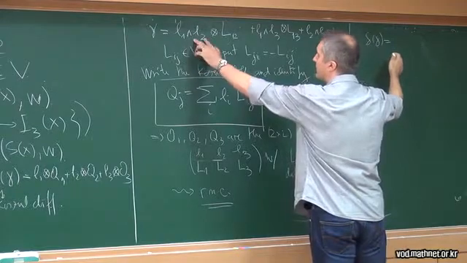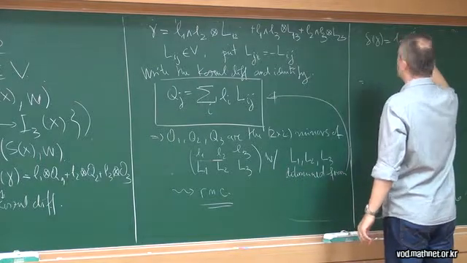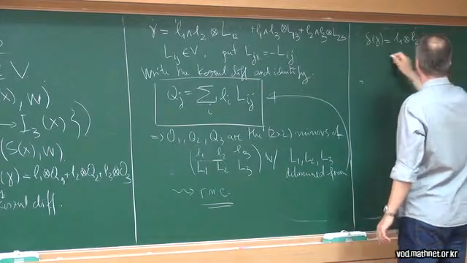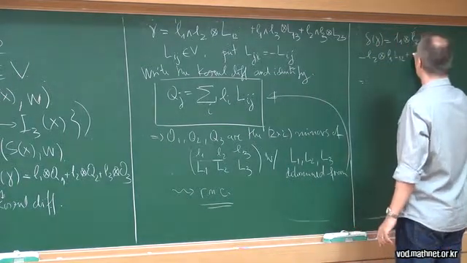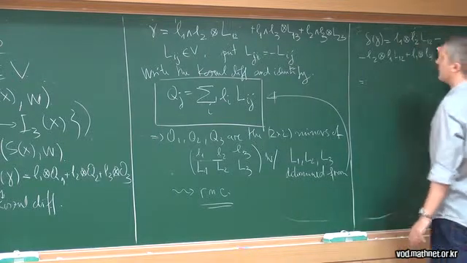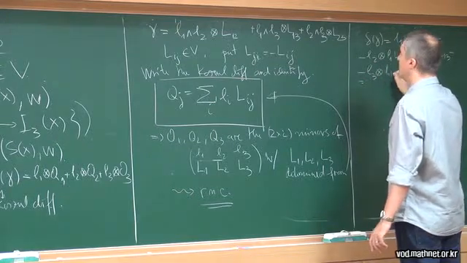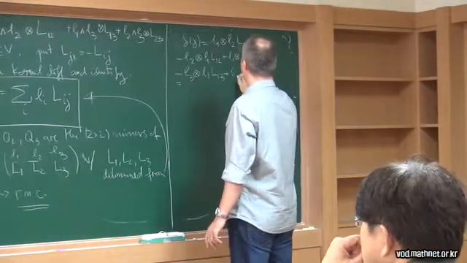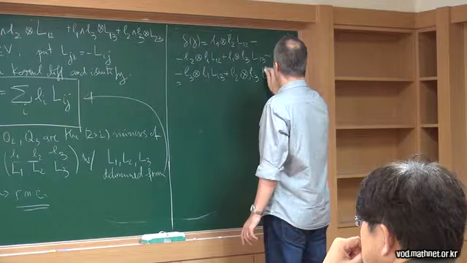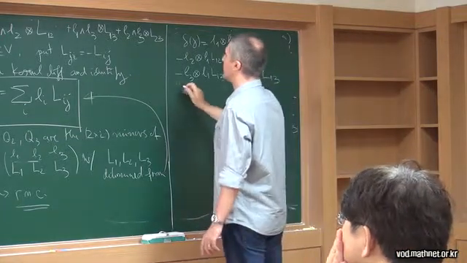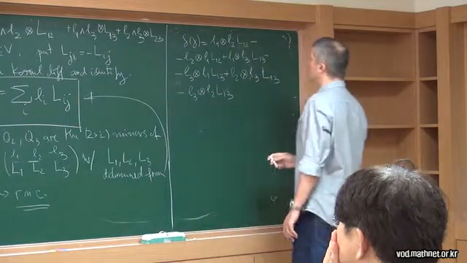By the definition of the Koszul differential, this is L1 tensor L2 L12 minus L2 tensor L1 L12 plus L1 tensor L3 L13 minus L3 tensor L1 L13 plus L2 tensor L3 L13 minus L3 tensor L2 L13.